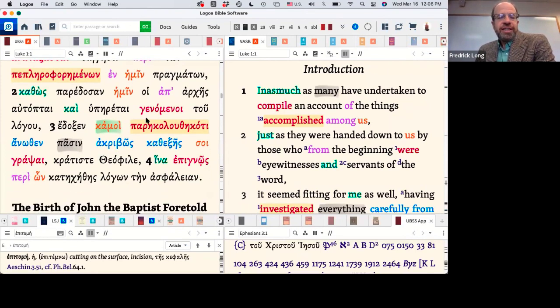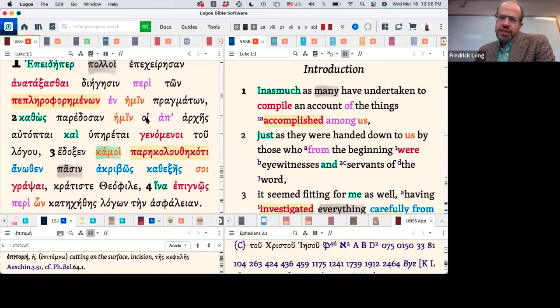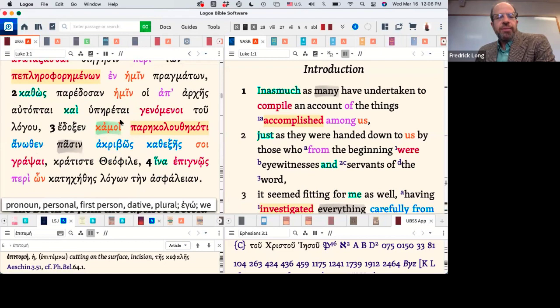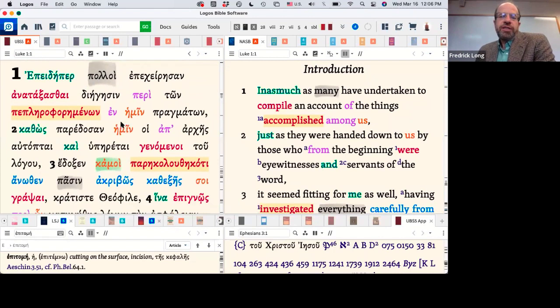Some of them are quite exegetically significant and they're not translated very well. So something as simple as a pronoun, paying attention to the story, the perspective of the discourse, as well as the special uses of pronouns, is often exegetically significant. So with that overview of the color coding, I'll read through the Greek text.